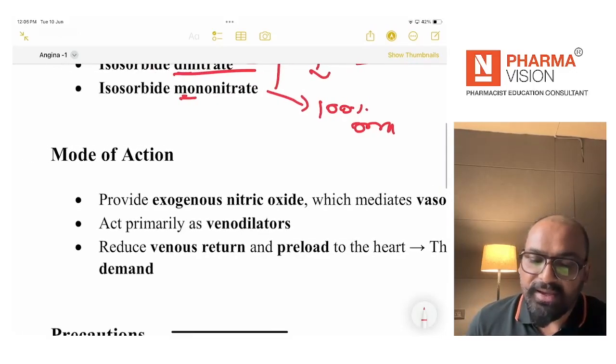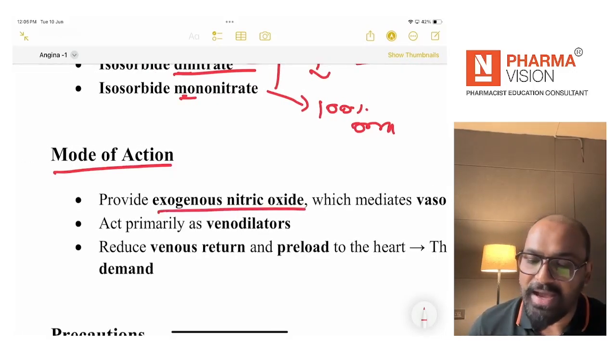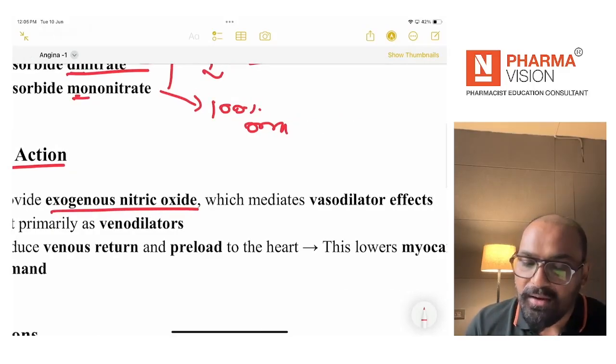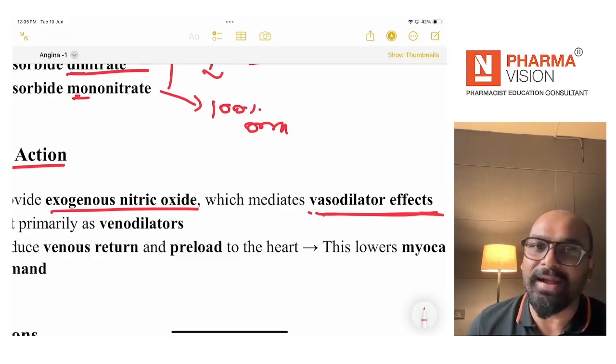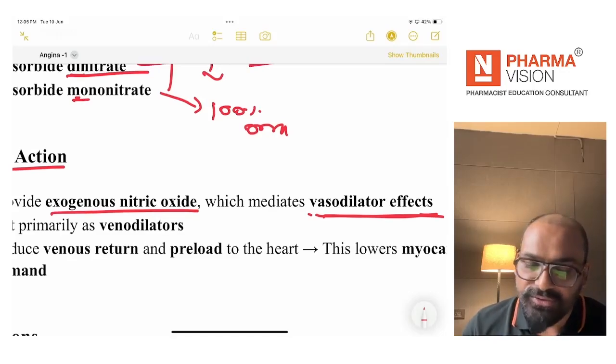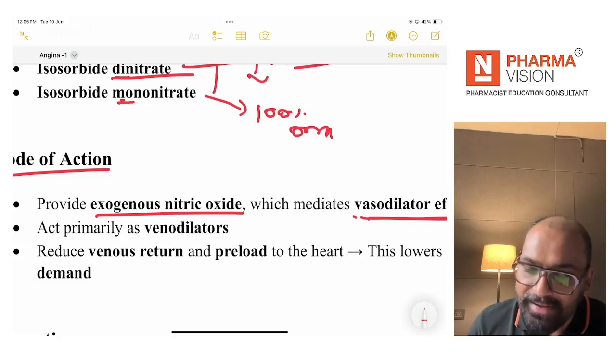The second important thing is exogenous nitric oxide. That means nitrates have a significant vasodilatory effect, primarily dilating the veins.